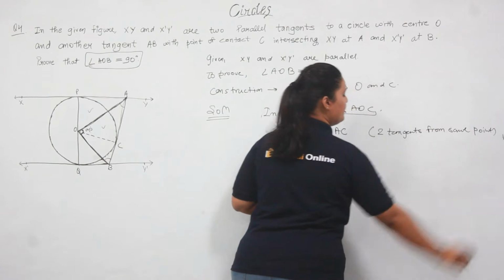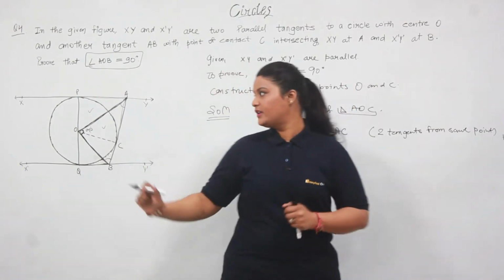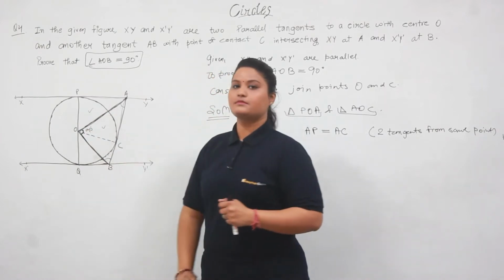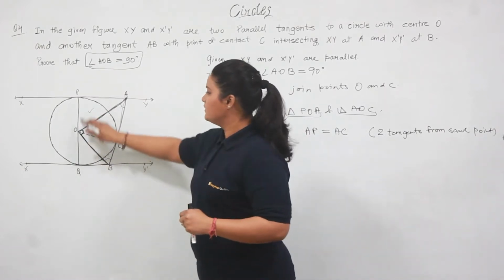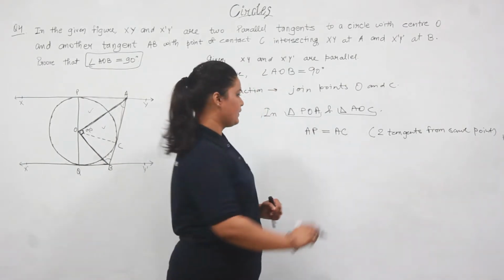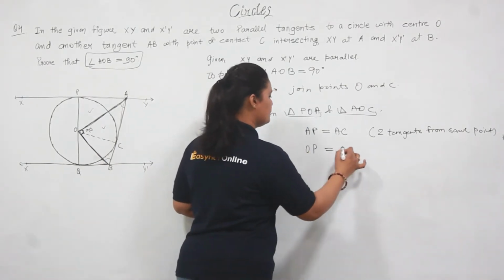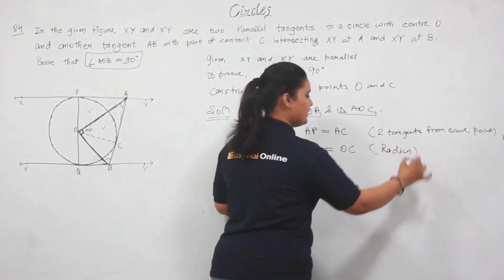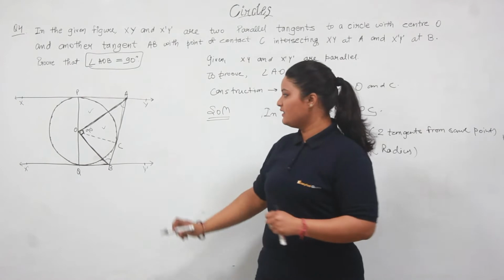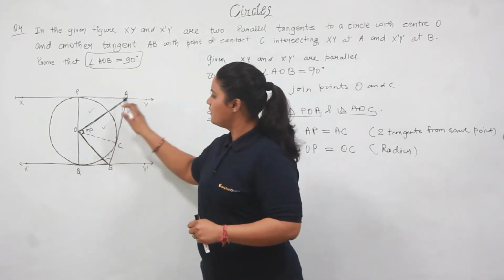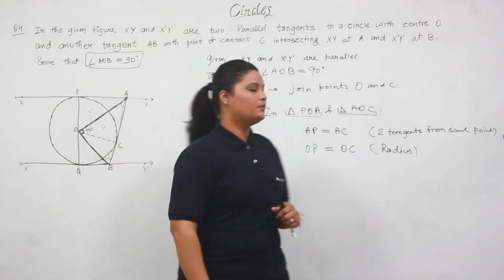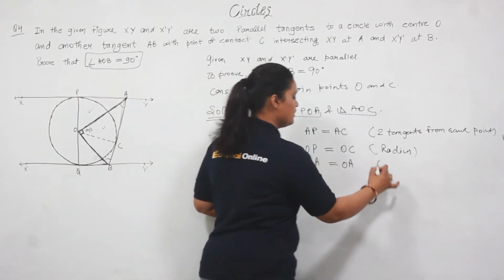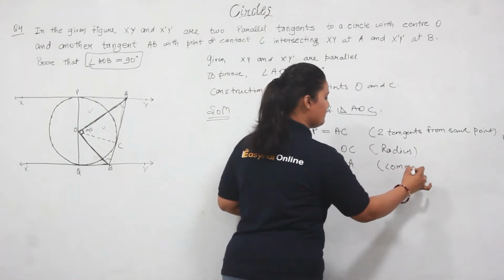That's why they are equal. Now another pair is OP and OC. These two are the radius of the circle. OP is equal to OC. These are the radius of the circle. And the third one is OA. OA is common in both triangles. So I can say OA is equal to OA, which is common.